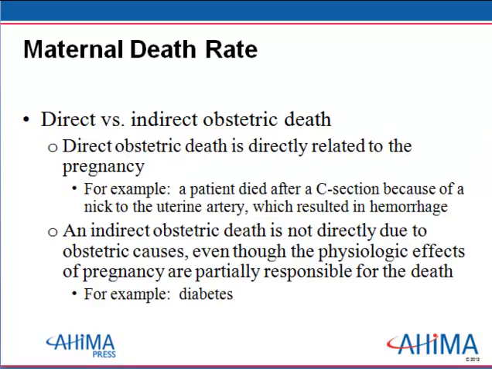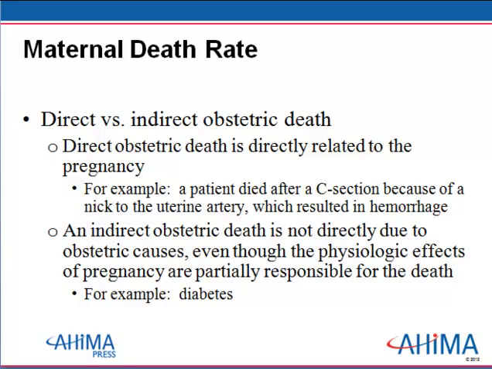Many facilities do differentiate between direct OB deaths and indirect OB deaths. A direct OB death is a death directly related to the pregnancy. So for example, a patient who died after a C-section because of a nick to the uterine artery that resulted in a hemorrhage.